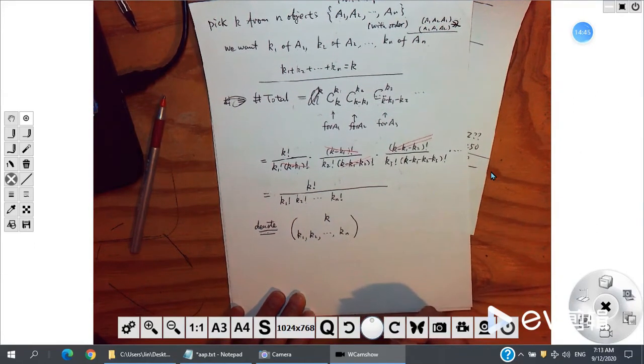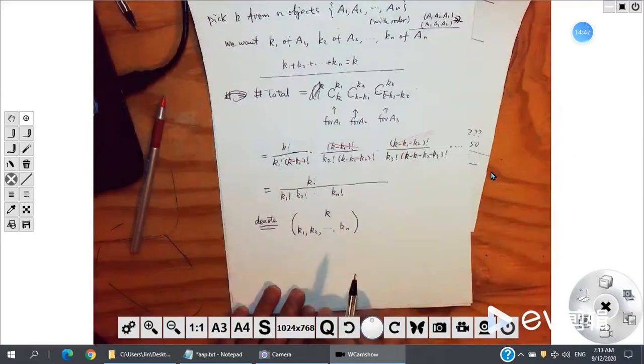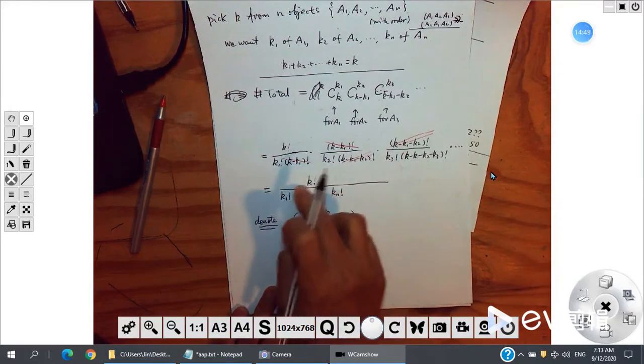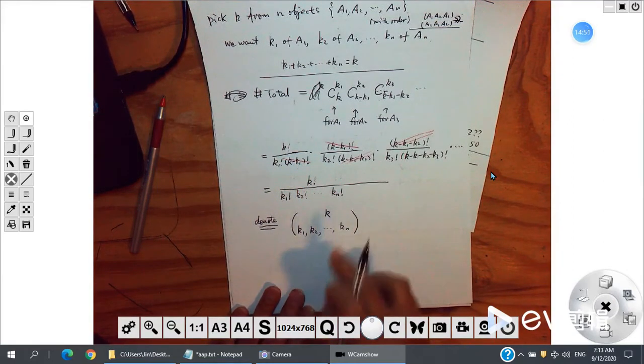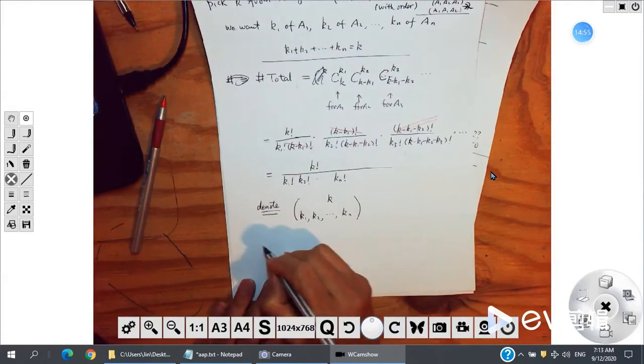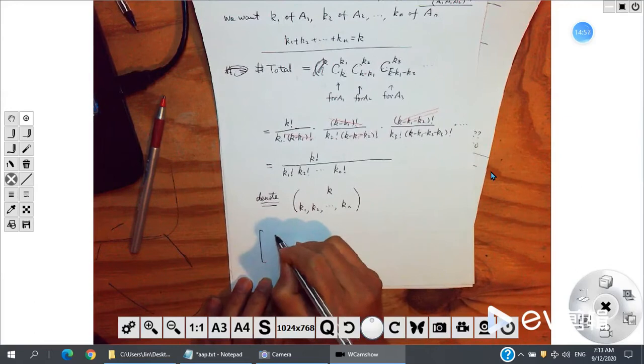So we denote it this way. The value will be this, and the notation this. By this notation, we have n choose k. What is n choose k?